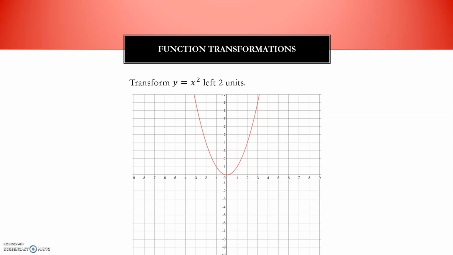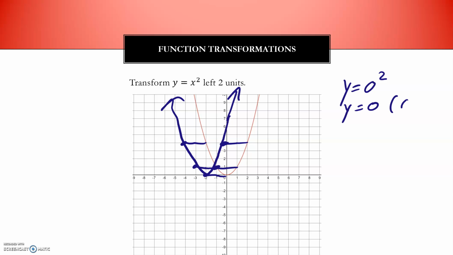What if I want to go left or right? Well, that becomes a little bit more complicated. So with this one, I want to go left 2. So 1, 2, 1, 2, 1, 2, 1, 2, 1, 2. Graph my parabola. All right. For this one, this is how I think about it. So when I did y equals 0 squared, I got 0, the point 0, 0.